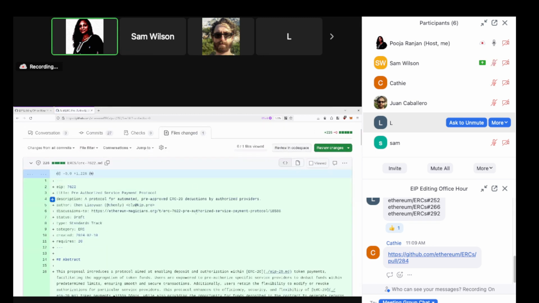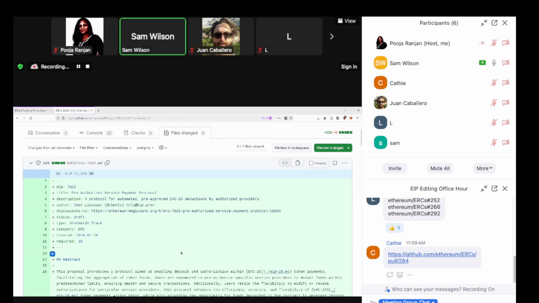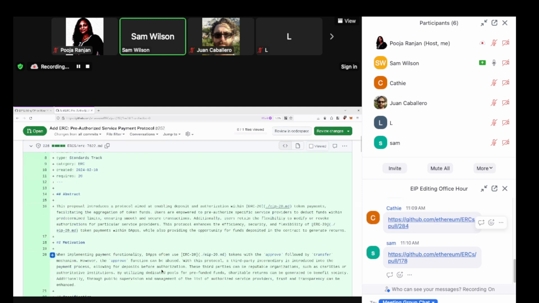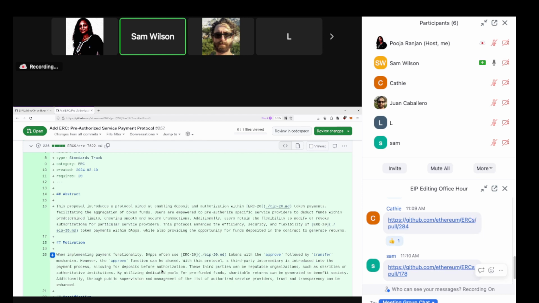El, if you have any question with respect to PR 252, please add here. 622, good. Requires 20, cool. This proposal introduces a protocol aimed at enabling deposit and authorization within ERC20 token payments. Users are empowered to pre-authorize specific service providers to deduct funds within predetermined limits, ensuring smooth and secure transactions. Additionally, users retain the flexibility to modify or revoke authorization for particular service providers.